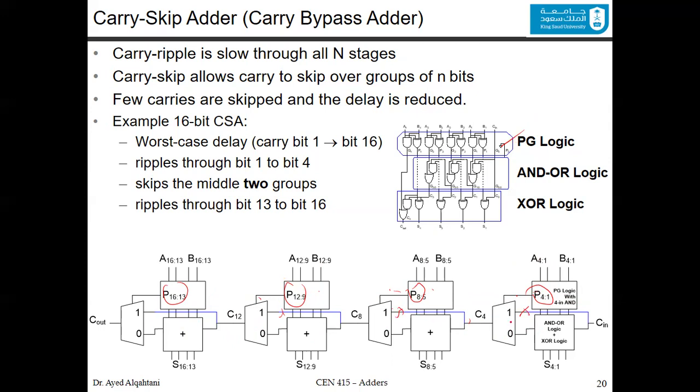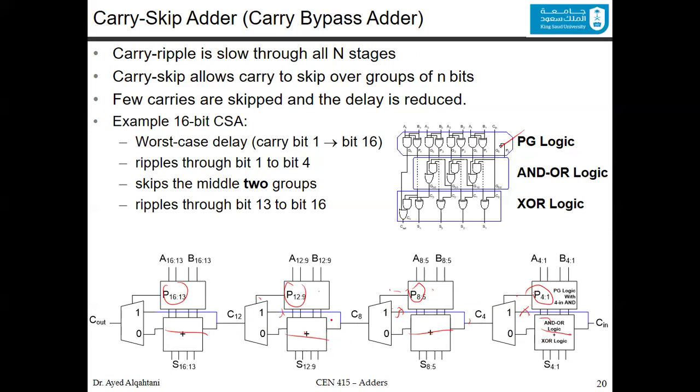So they can all run in parallel. So this one, and this one, and this one, and this one will run in parallel if there is no skipping needed. So yes, you are rippling here for 4 bits, and here for 4 bits, and here for 4 bits, and here for 4 bits. But since there is no skipping, you actually can do all of them at the same time.